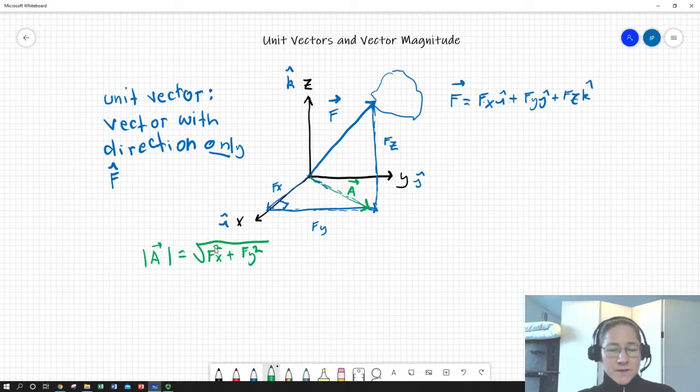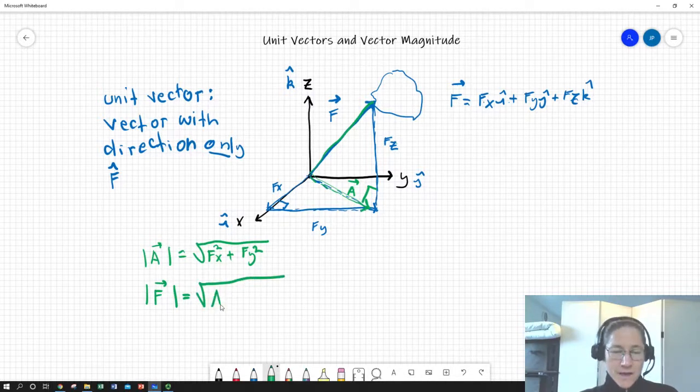So if I wanted to add the length of A to the length f sub z, because I have another right triangle here, I should get the length f. I should be able to say that the magnitude of f is the square root of A squared plus f sub z squared.